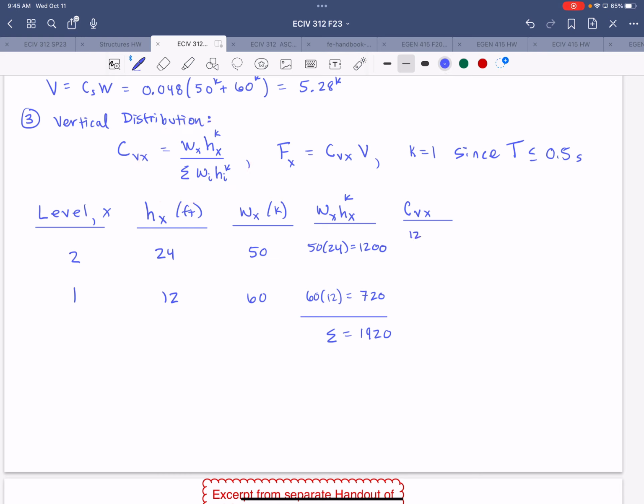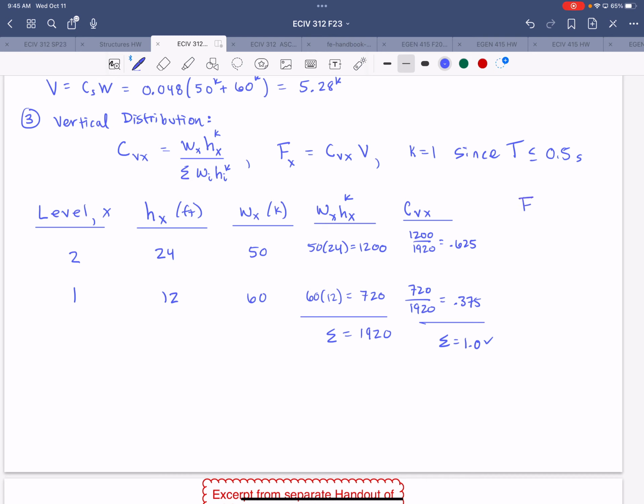That's just going to be 1200 divided by 1920 for level 2, which is 0.625, and then 720 over 1920 for level 1, which is 0.375. And as a gut check, the summation of the values in this column should be 1, meaning that yes, we are distributing the entire base shear to the building.